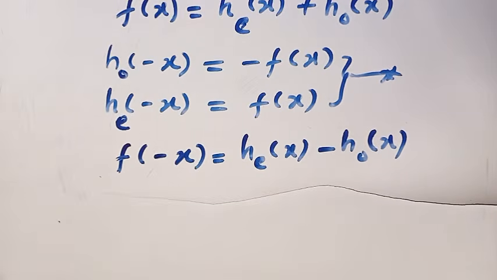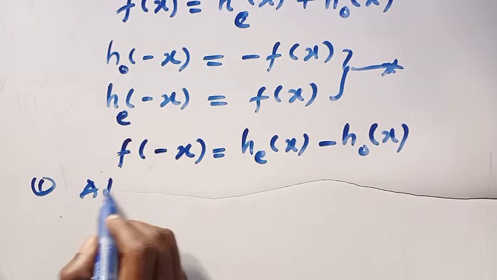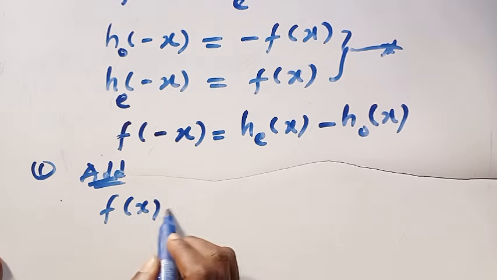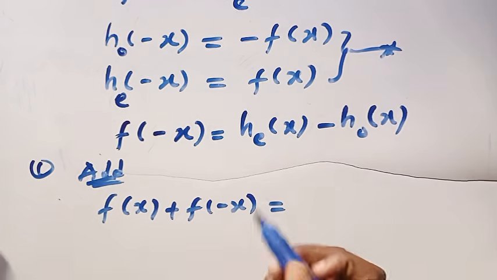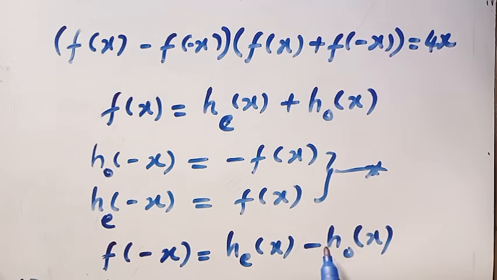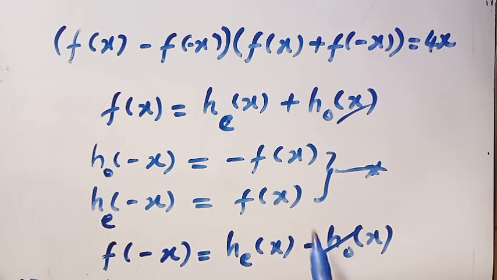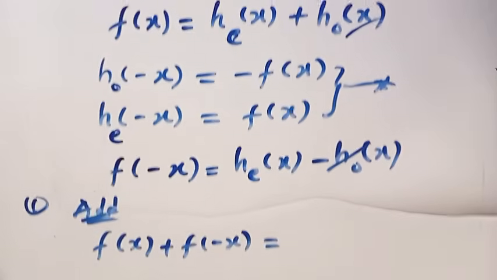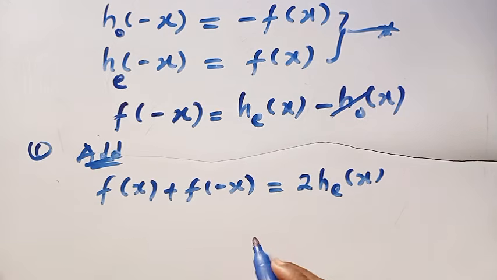After obtaining this, we consider summing the first one and the second one together. We have f(x) plus f(-x) equals, when adding them, the odd parts cancel since one is negative and the other is positive, while the even parts become 2h_e(x), where e is even.